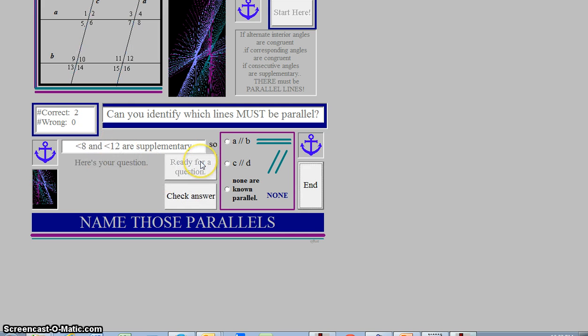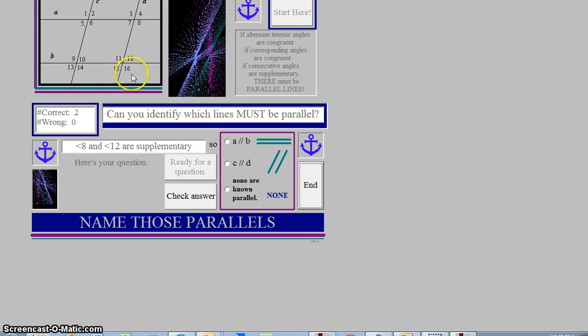I'm going to hit ready for a question, and I'm going to keep going like this until I have 10 correct answers. So I'm just going to keep analyzing the diagram. 8 and 12 are supplementary. That means they're a linear pair. Well, that's only true when 12 is congruent to 4, or when 8 is congruent to 16.